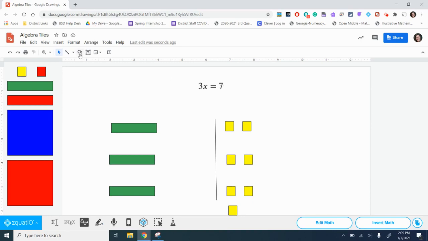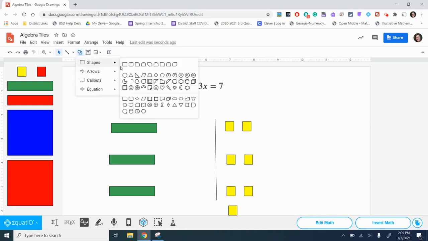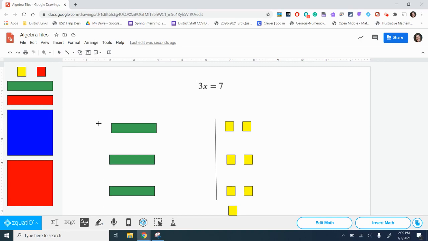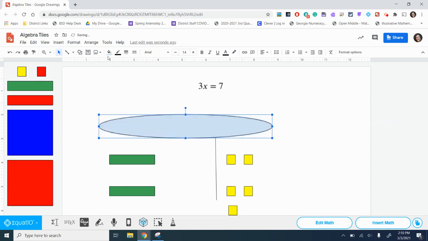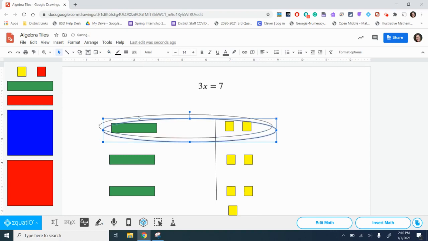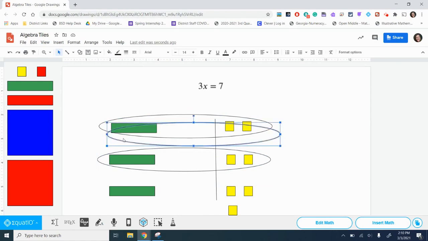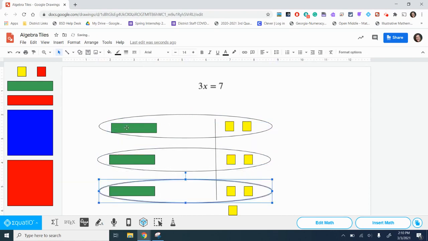So I want to start by modeling with the algebra tiles. So I'm going to use some shapes to do that. So I need 3 equal groups. All right, so I have 3 groups of x equals 2, but that's 2, 4, 6.